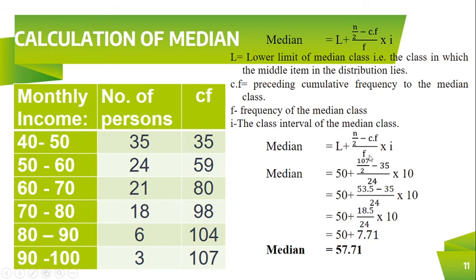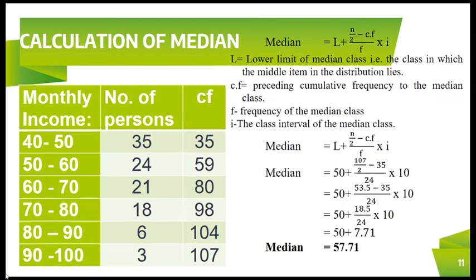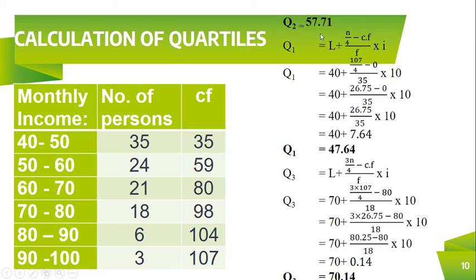So 107 by 2 is 53.5 minus 35 which is 18.5 divided by 24 into 10. So that comes to 7.71. Added to 50, the L, you get 57.71 which is the median, and this 57.71 is also taken as the value of Q2.